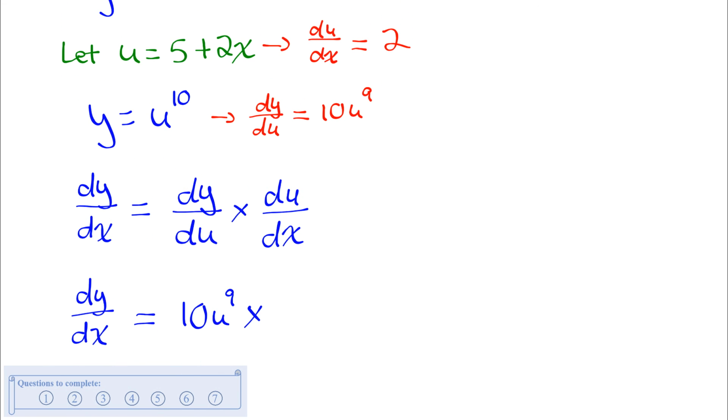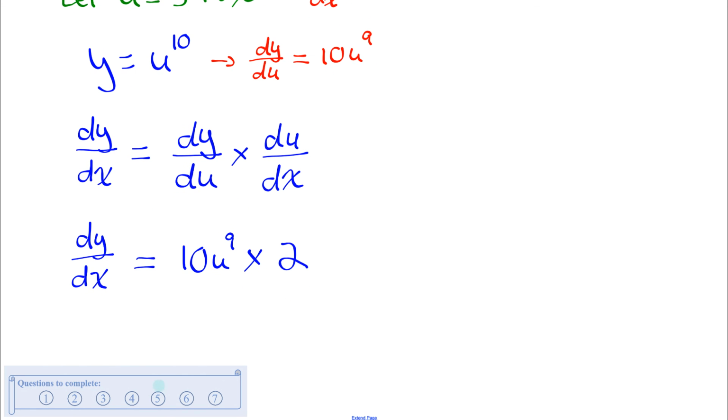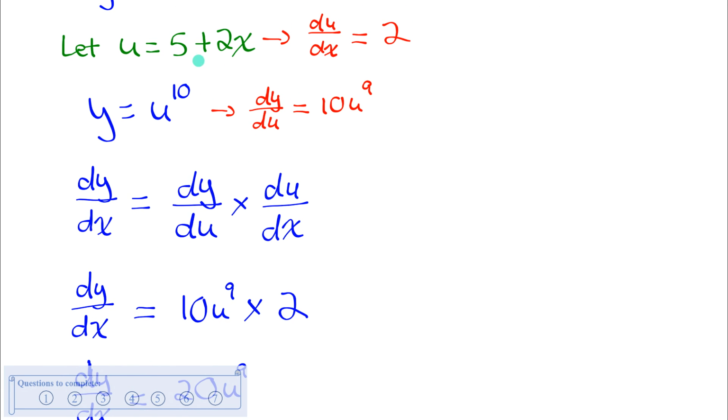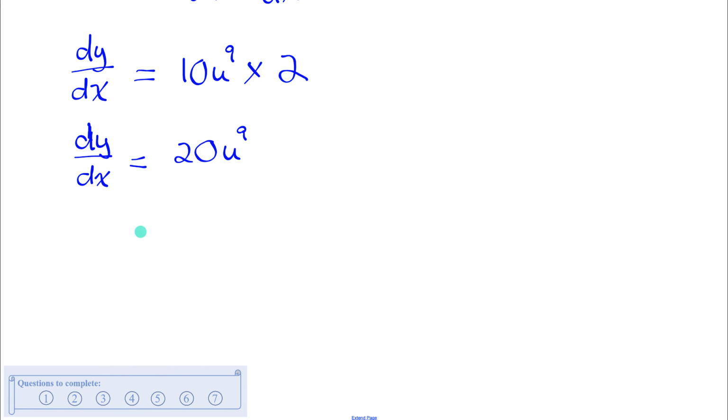So down here, I can replace the du over dx with 2. And notice what I have, dy over dx is equal to 10u to the 9 times 2, which is 20u to the 9. And remember, u, if we look at our let statement, is actually 5 plus 2x. So I can replace that u with 5 plus 2x.